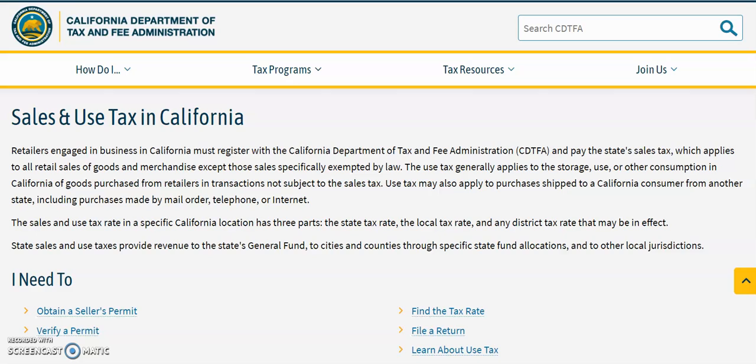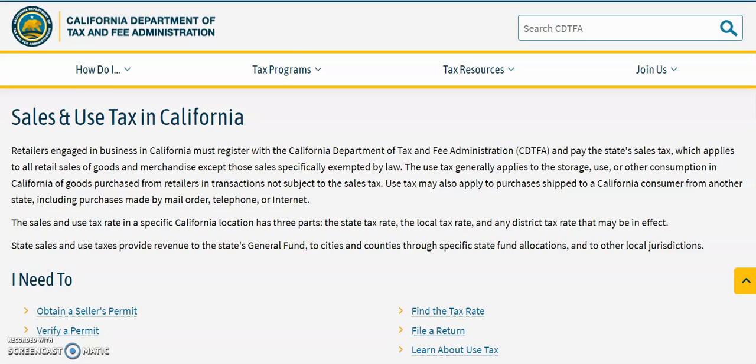One of the things that I want to share with you is this website, which is the California Department of Tax and Fee Administration, because sometimes students wonder, where does that sales tax payable go? So in California, retailers that are engaged in business need to register with the California Department of Tax and Fee Administration to pay the state sales tax, which applies to all of the retail sales of goods and merchandise except for those sales that are exempted by law.